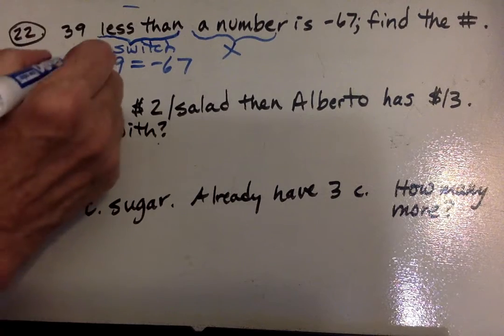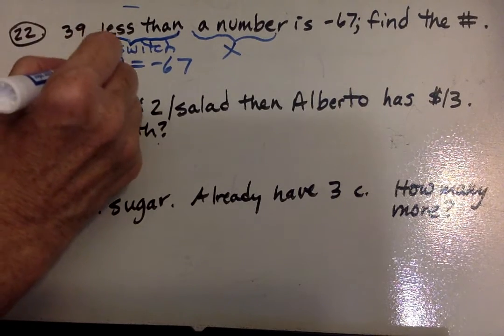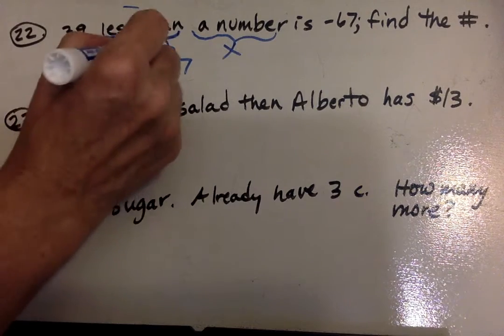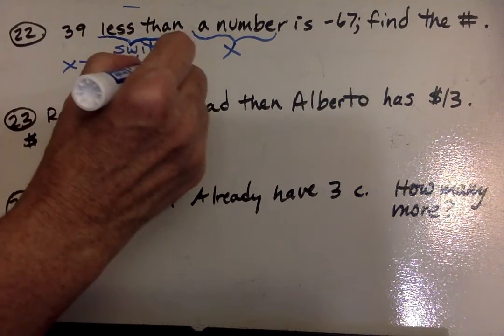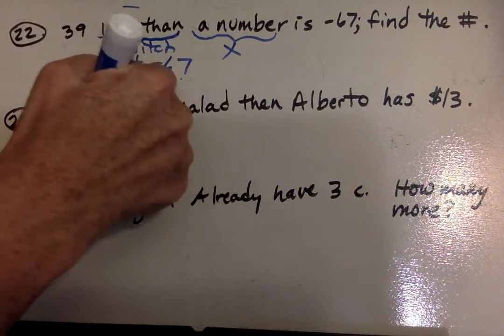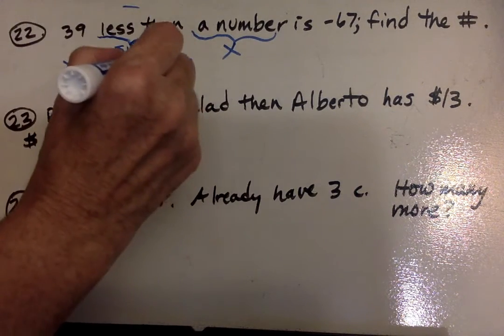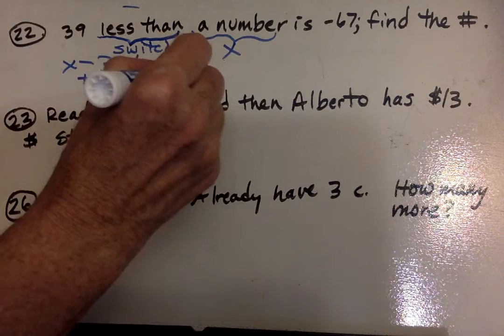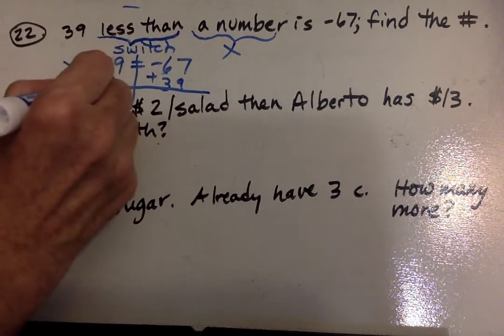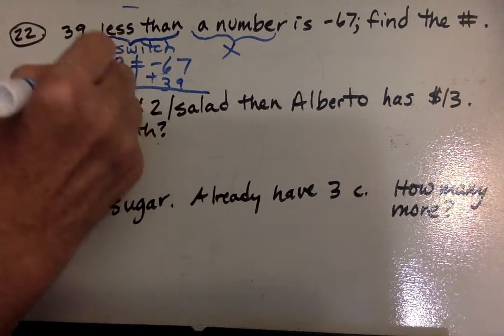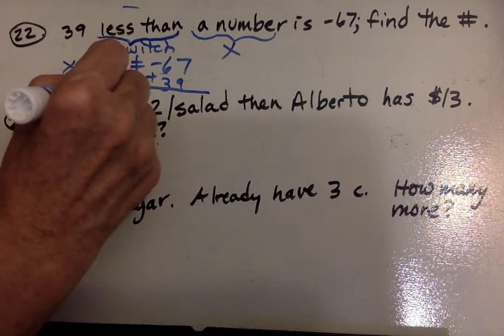Then we have to solve. Our first step is plus 39. And we put this line down, plus 39, plus 39. And so this goes away because it goes to 0. We get x equals.